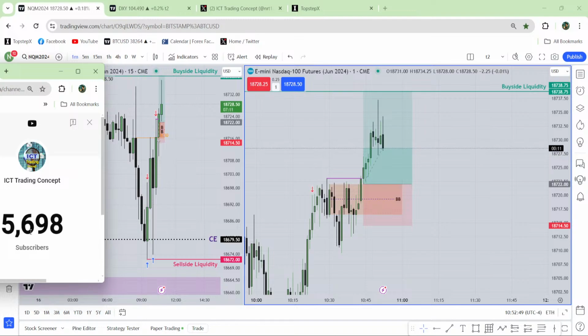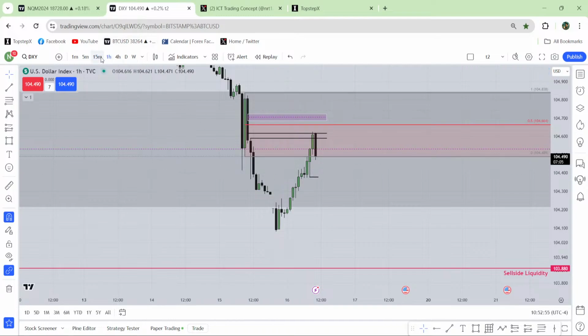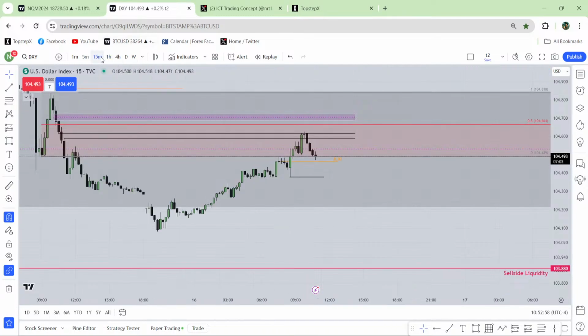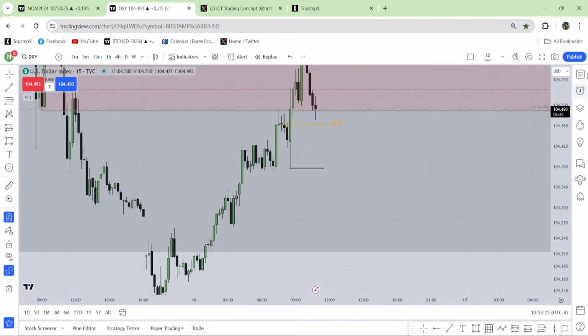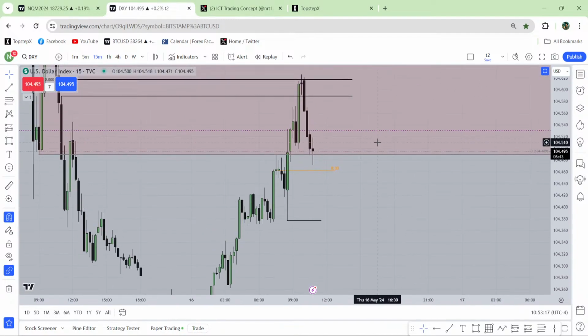Hey brother, check the DXY. Did it make a 15-minute breaker block? High, low, higher high. This low, you are looking for a breaker block by that low or that down close candle. I can't argue.